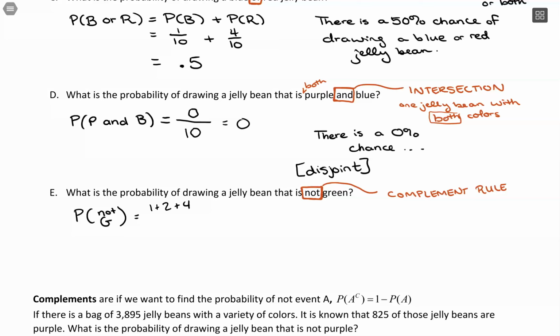So we have those jelly beans that are not green out of the 10, and that is absolutely correct. There's going to be the 70% chance that the jelly bean's not green. And this works great for such a small set, but sometimes it gets more complicated.